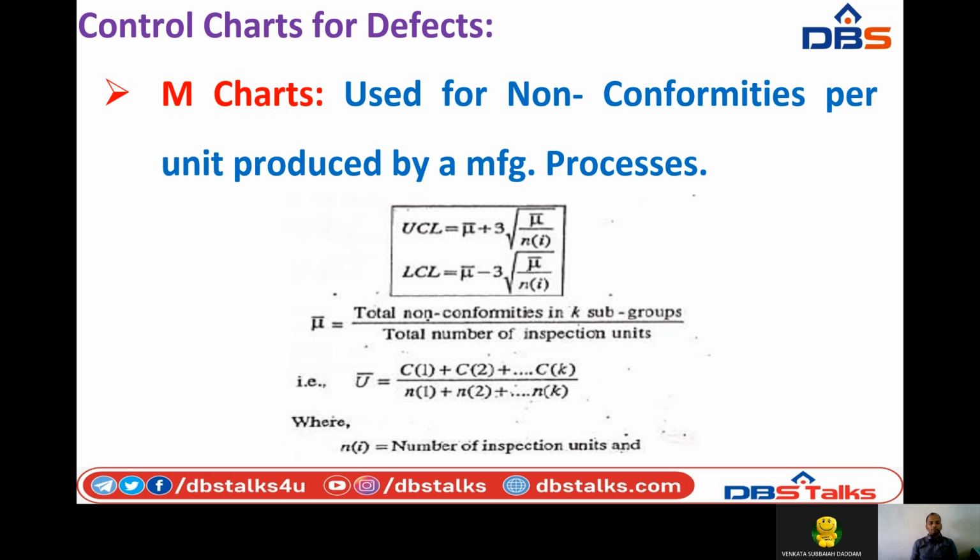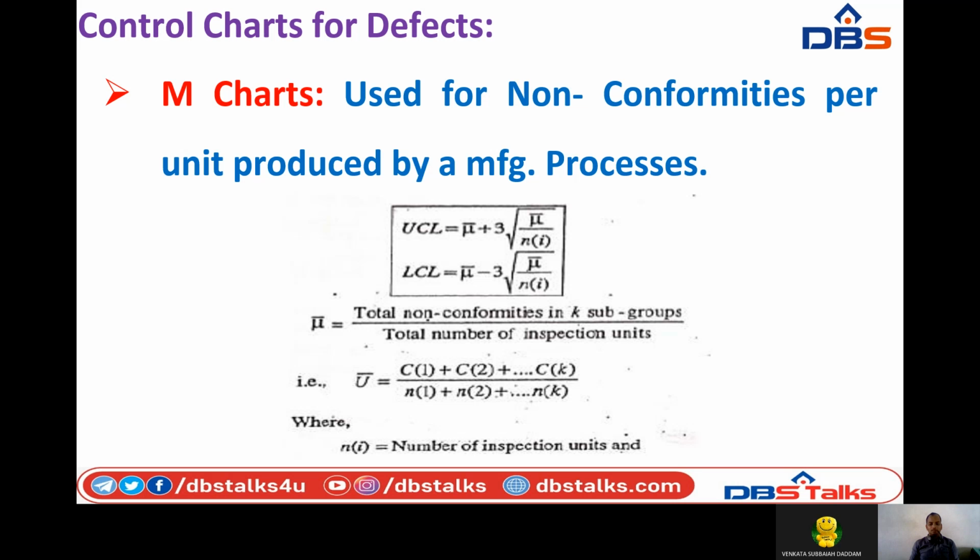At the same time, mu bar equals total non-conformatives in K subgroups divided by total number of inspection items, that is called mu bar. And at the same time LCL equals mu bar minus 3 into square root of mu bar by n of I, where n of I means number of inspection units.